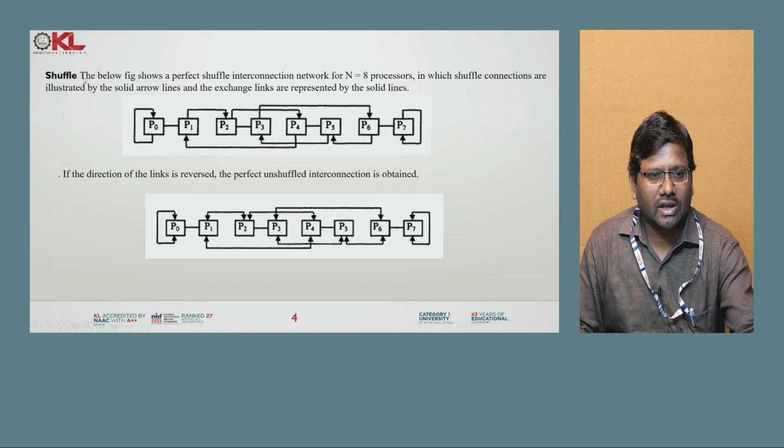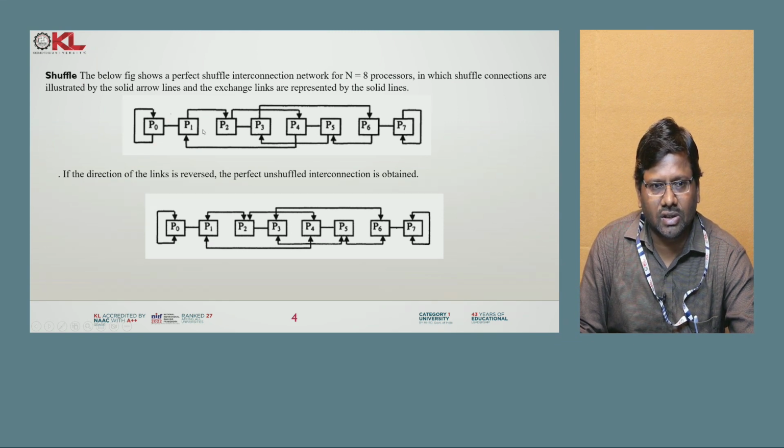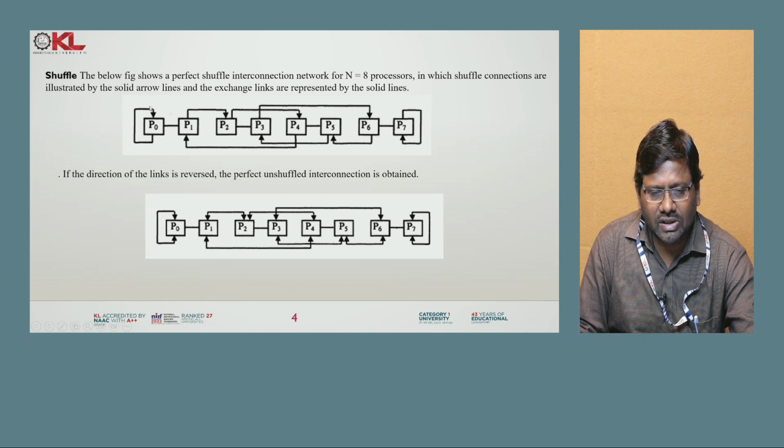Another interconnection is the shuffle. We have to understand this interconnection network. Why do we call it a shuffle? Consider here there are 8 processors, P0, P1, P2, P3, P4, P5, up to P7. Here shuffle connections are illustrated by arrows, and exchange links are represented by solid lines.